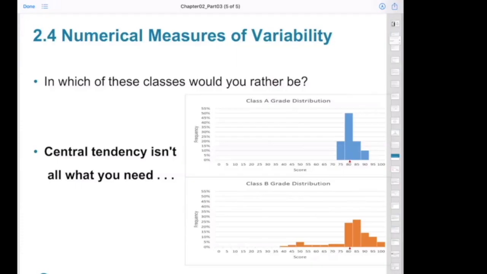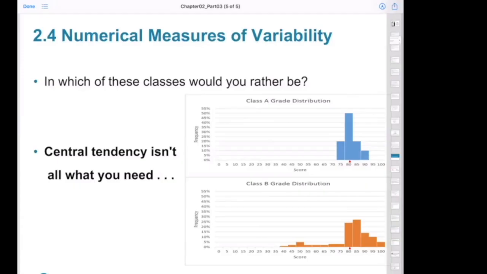The only difference between them is the variation here, the variability of these two distributions. Okay, you are correct. You select class A. You would like to be in it. Why? Because the minimum is 75 and the maximum is 90.